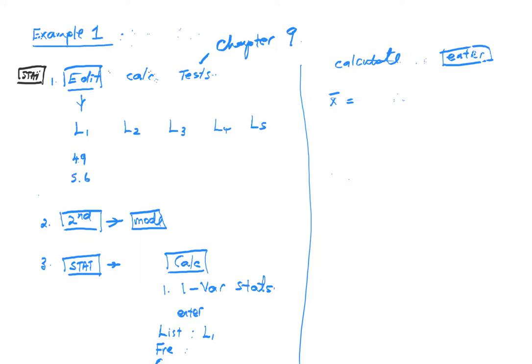Okay, so the second value? 104. 104 point what? 0.4. Okay, so there are a lot of things correct. So this is the mean. Are you clear? This is the mean.